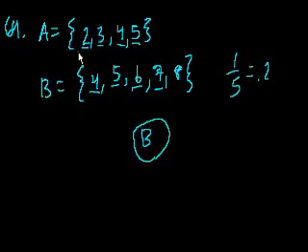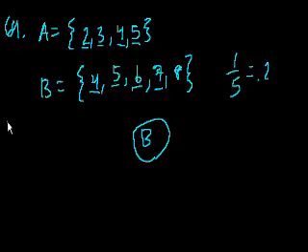You can say, look, I don't care what I pick from set A. I can pick any of these, and in order for it to add up to 9, no matter what I pick from here, there's a 1/5 chance that I pick the right corresponding number that adds up to 9, because each of these has only one that works.